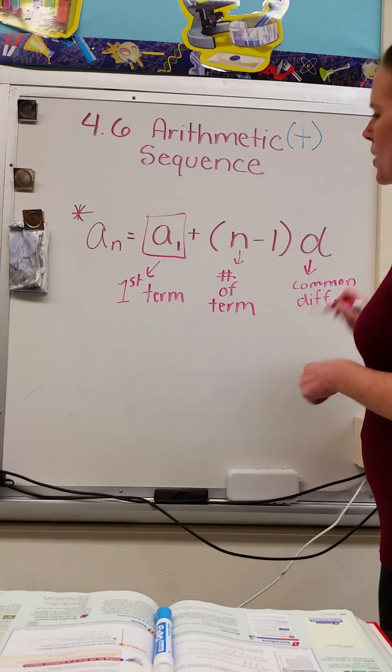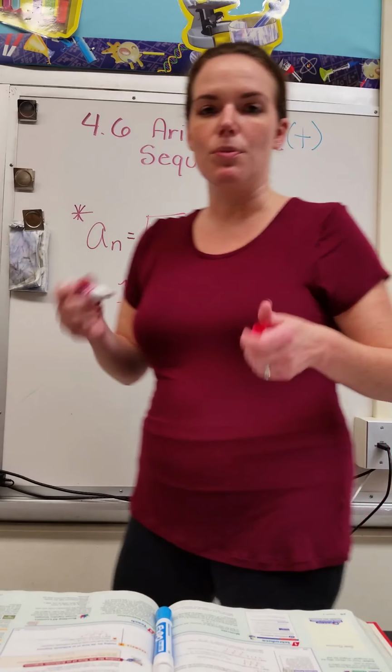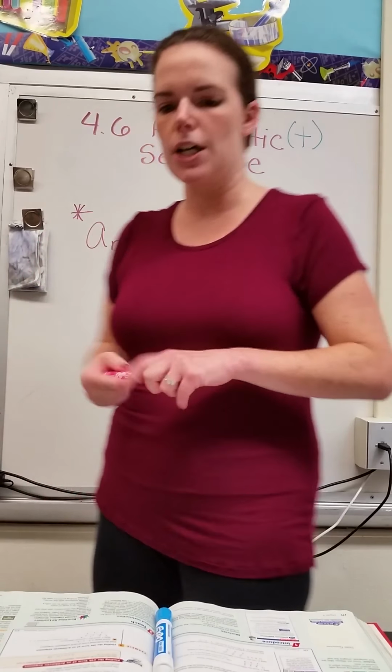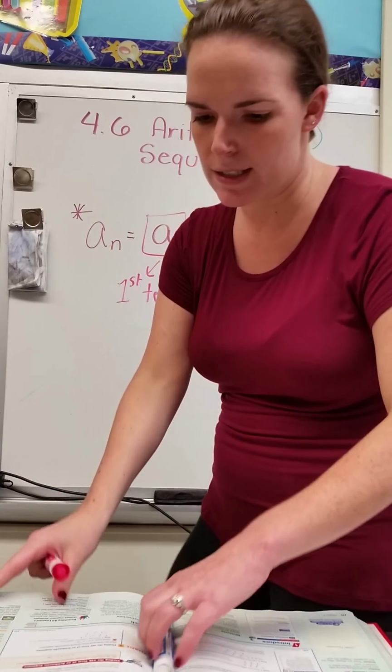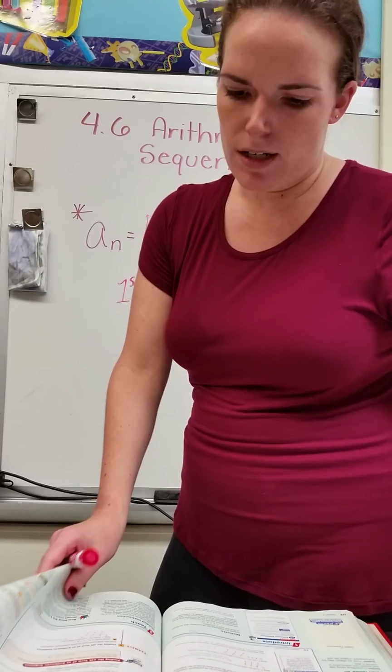So I'm just going to do one example of these because I think it is pretty simple to figure out as long as you know what each of these things means.